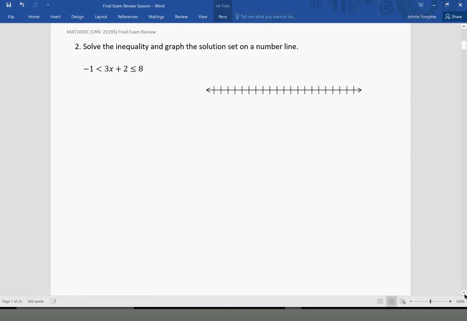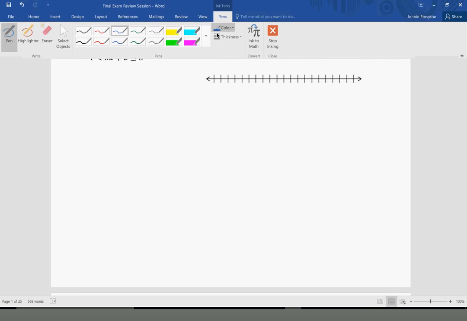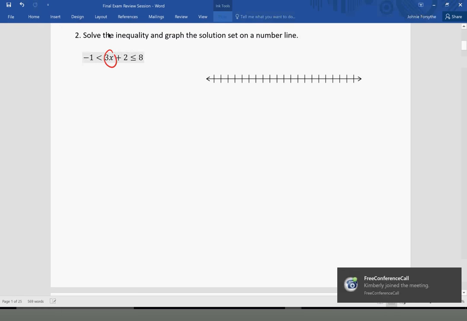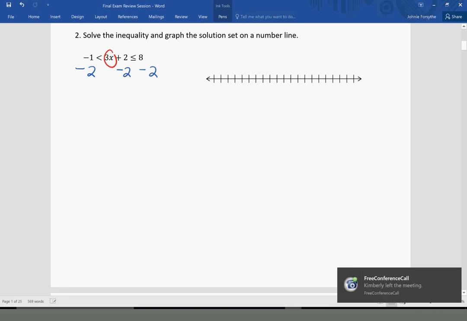Number 2, solve the inequality and graph the solution set on a number line. So we're trying to solve for x. So I want to get this by itself. In order to do that, I'm going to subtract 2 on both sides of the inequality.